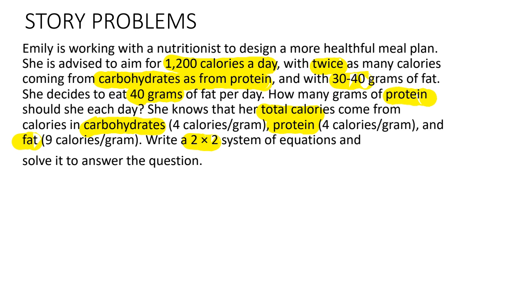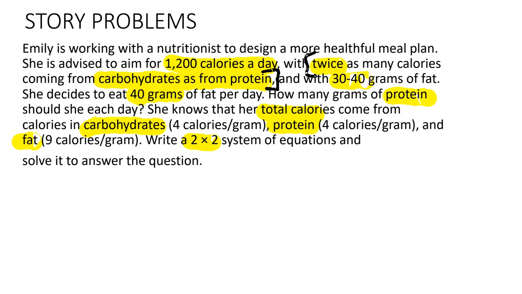Now, we are going to take the first part of this. It says with twice as many calories from carbohydrates as proteins. This phrase that I kind of boxed in is an equation. You kind of figure it out.